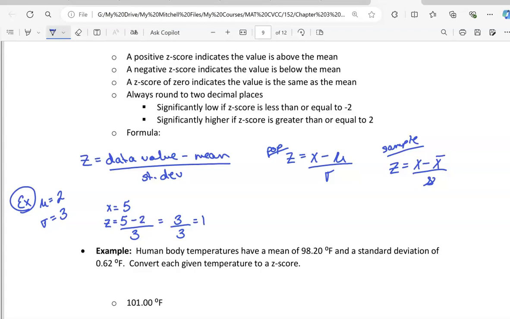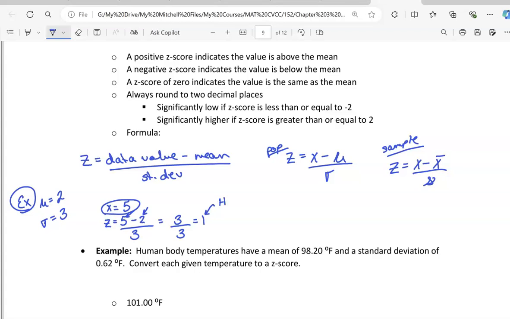Now, notice we ended up with a positive value here. And that's associated with that x value of 5. And what that means is that our data value is larger than what the mean is. So this output that we get, this z-score, tells us how many standard deviations away from the mean the value is.